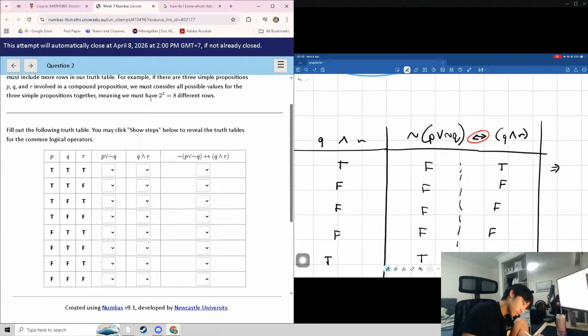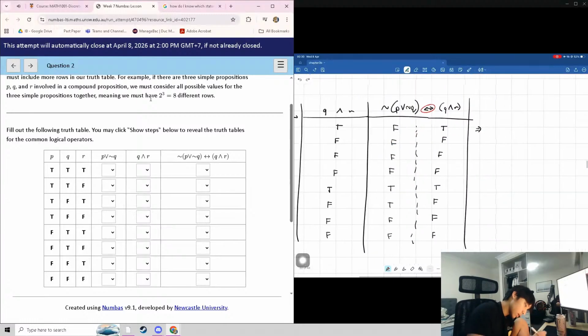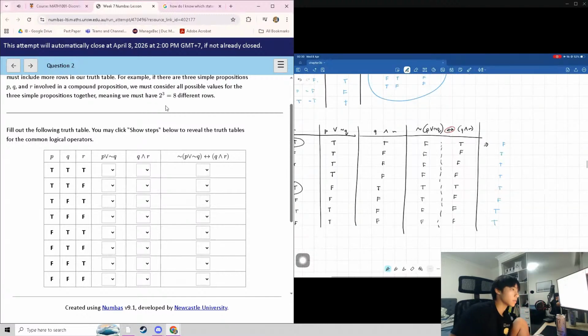We're looking for when they are the same. So we're gonna get some false value, some true value, true value, false value, true value, and true value. Okay, let's fill this out.